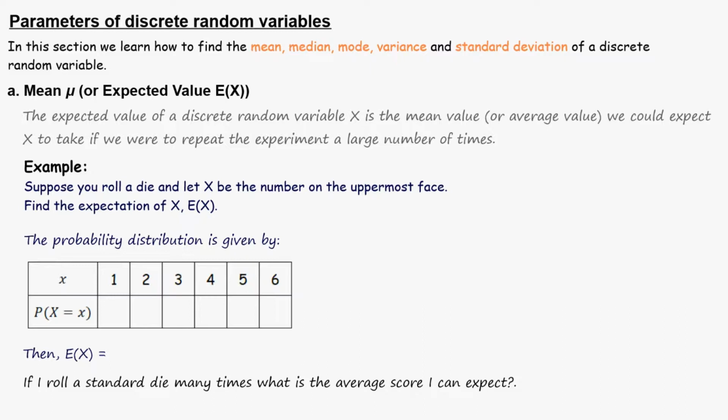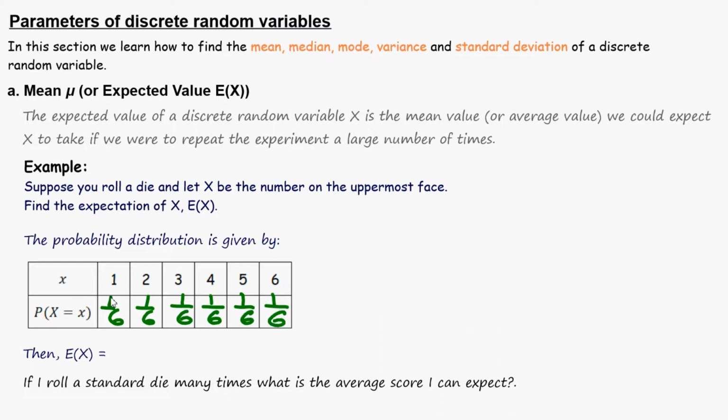The probability of getting 1 will be 1 over 6, and the probability of 2 is 1 over 6 as well, 1 over 6, 1 over 6, 1 over 6, and 1 over 6.